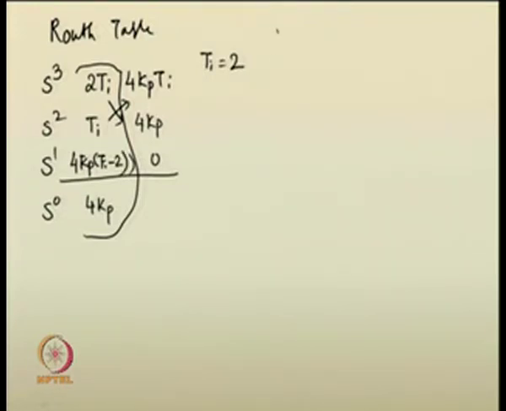That means the system response will be oscillatory. There must be a pair of complex conjugate poles in the s plane, which implies that the closed loop system output might be oscillatory. Exactly that is what is happening when Ti equals 2.